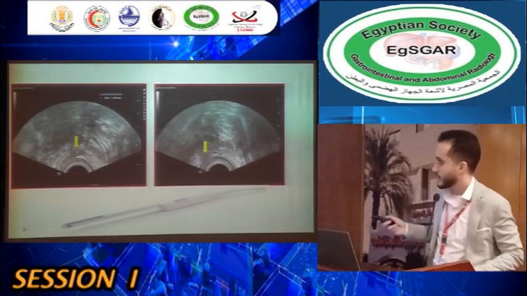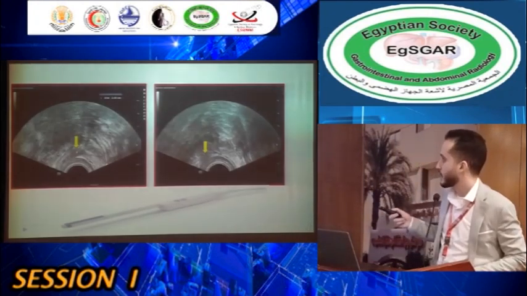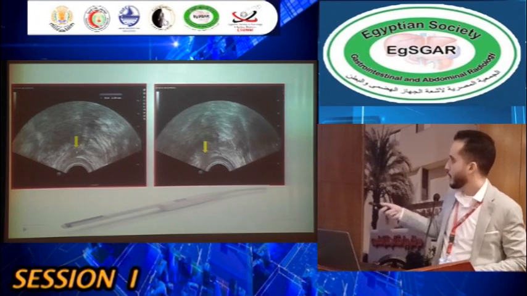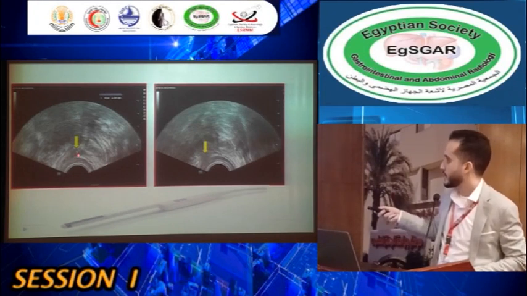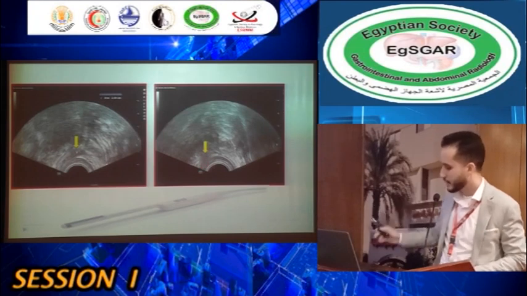And here are some of the axial images obtained. We can see here the defect in the external anal sphincter. Here also, this defect in the external anal sphincter and extending to the internal anal sphincter.